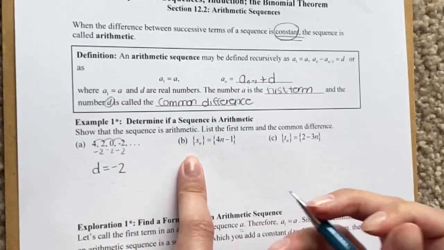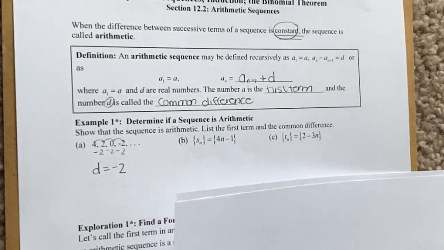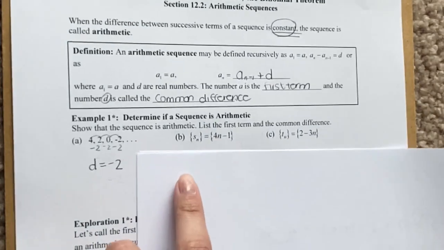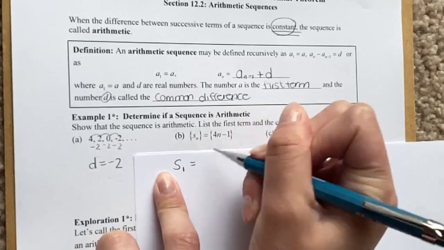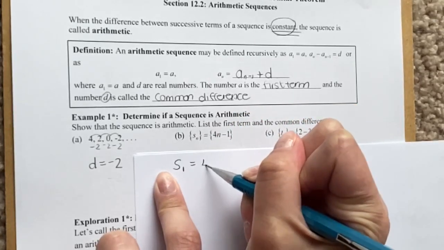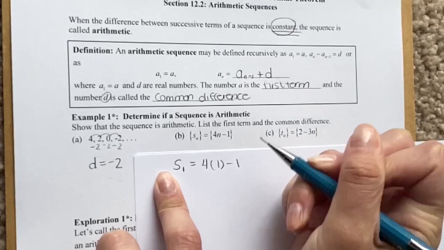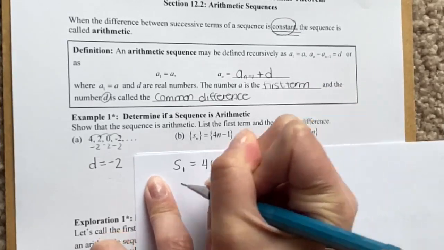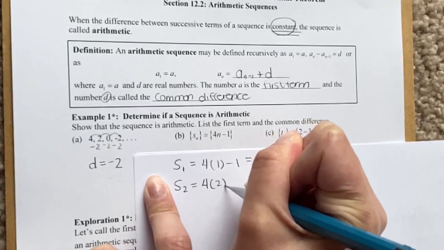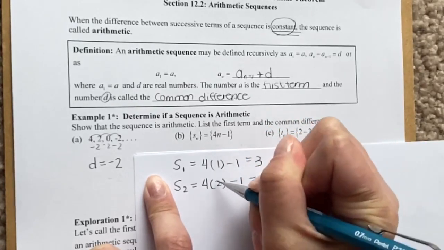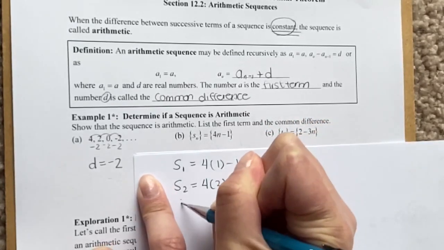So for b, I'm going to have an extra piece of paper because this one is longer. Okay, so what you have here is that s sub 1 is equal to, plug the 1 here, 4 times 1 minus 1, which is equal to 3. So s sub 2 is going to be equal to 4 times 2 minus 1, which is equal to 7, and so forth.